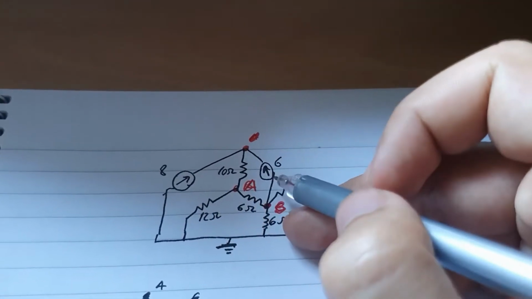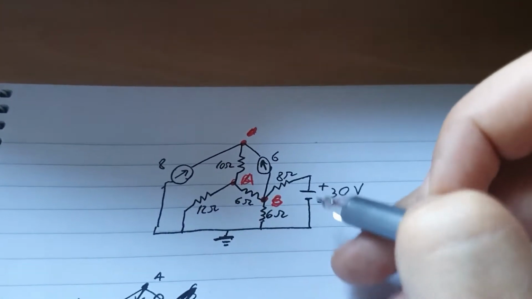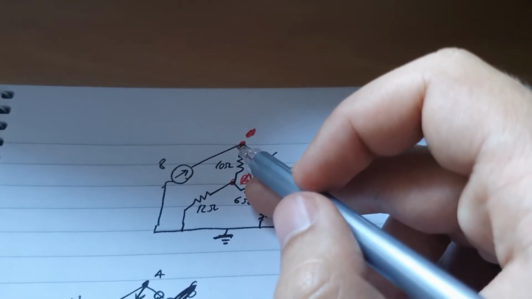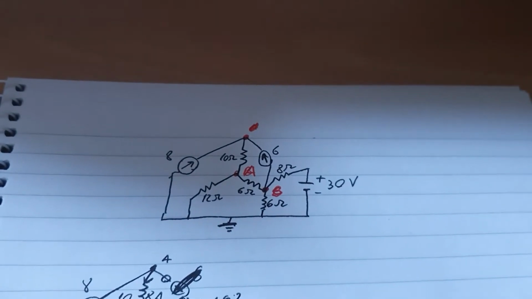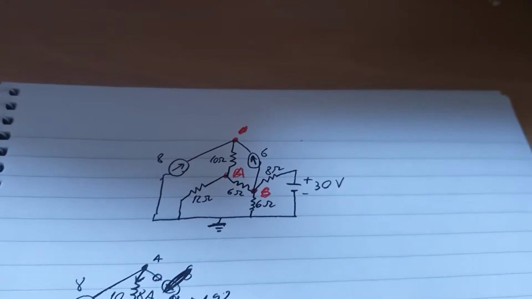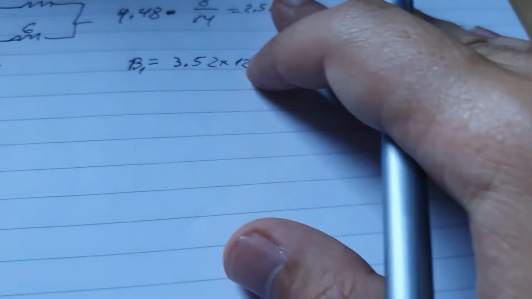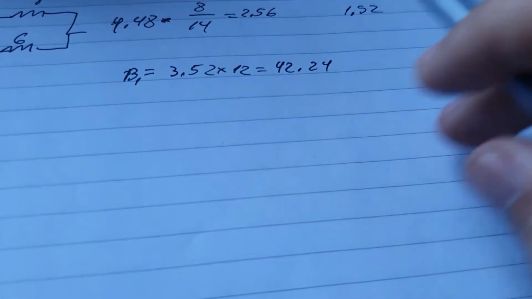It's supplied by two current sources and the voltage is really affected, so it's like little voltage in this area here, I think. Anyway, so we got 42, and this one is actually A.